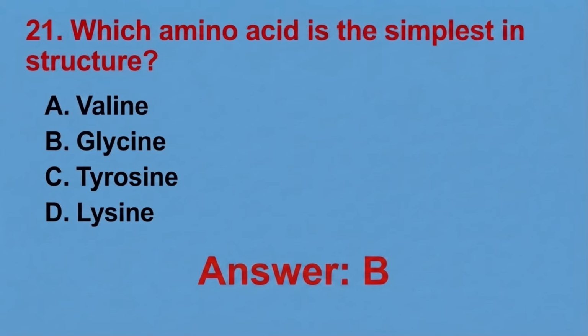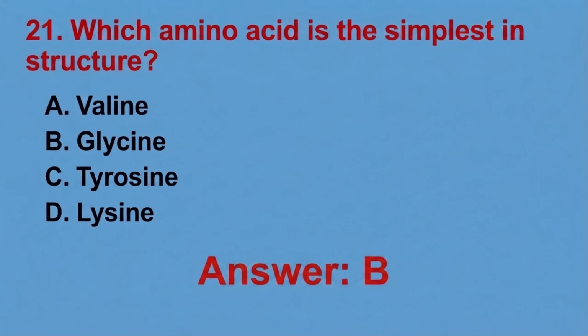Then why are the other options wrong? Option A, valine. Valine is a branched chain amino acid with a much larger hydrophobic side chain than glycine. Why is option C wrong? Because tyrosine is an aromatic amino acid containing a phenyl ring and is structurally much more complex.